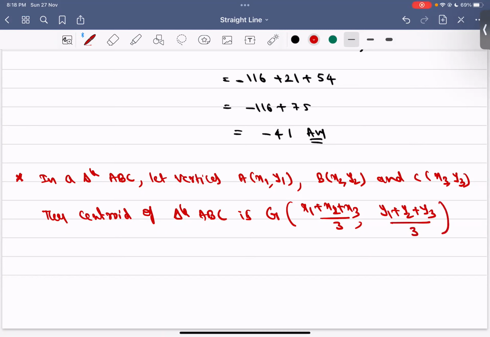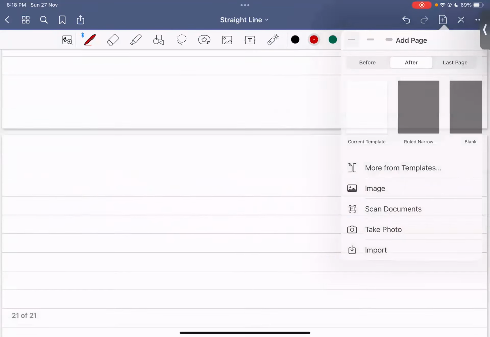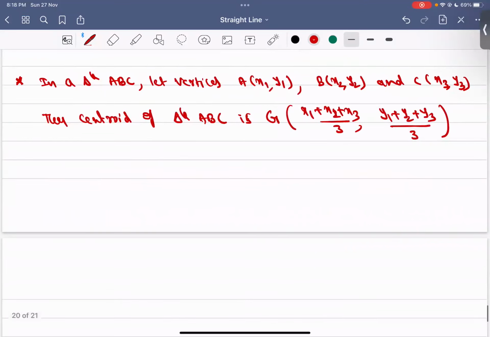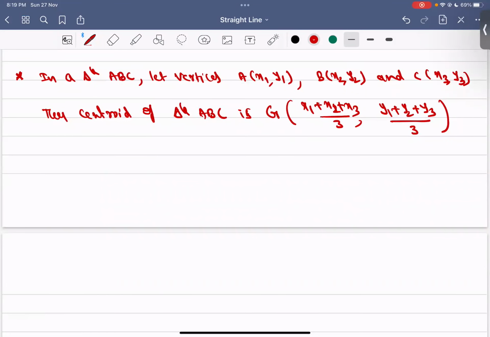So this is the centroid of the triangle. In compact form, you can write the centroid as (sigma x1 by 3, comma, sigma y1 by 3).